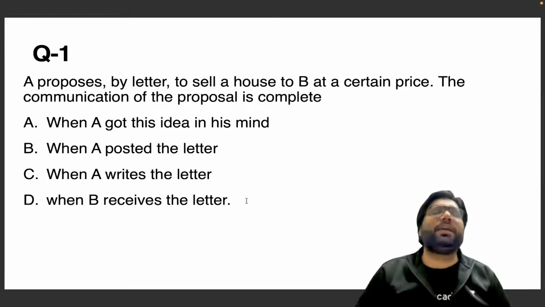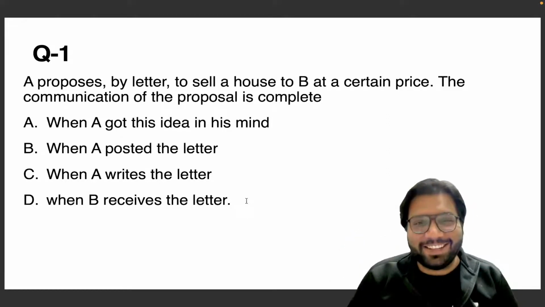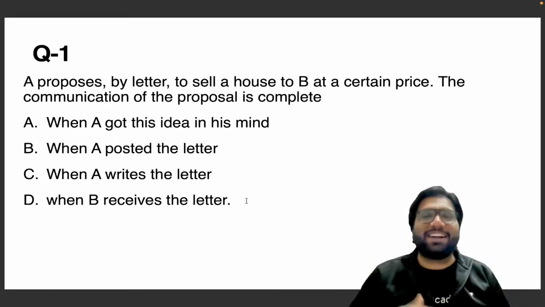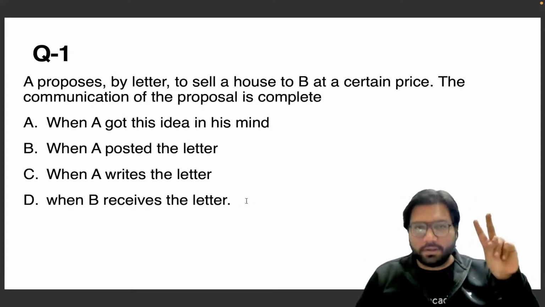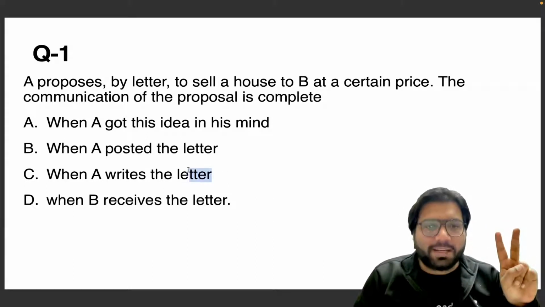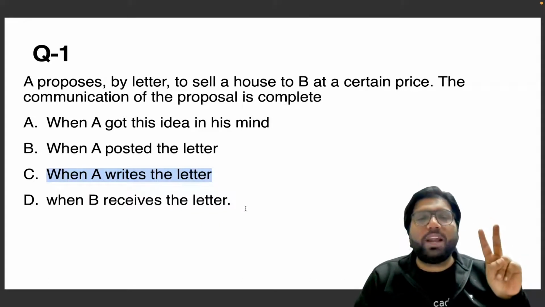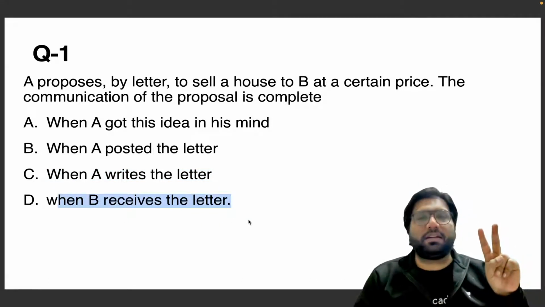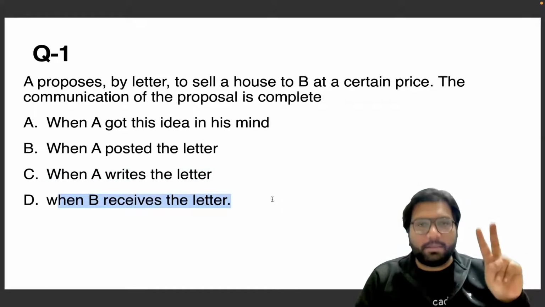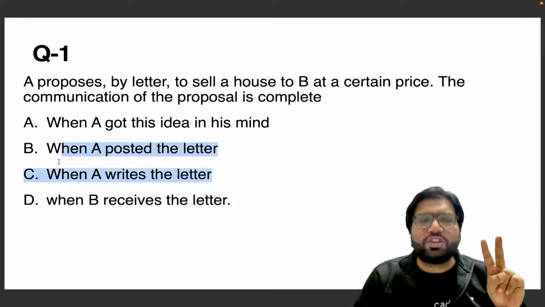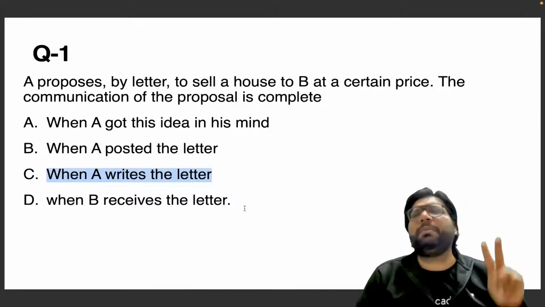Okay, now I am making this question a bit difficult. So let's see how many of you can answer that now. What if we have two options? Suppose option number C is when B read the letter and when B receives the letter, then what would be the answer? I'm just changing one of the option, that is option number C of the same question.